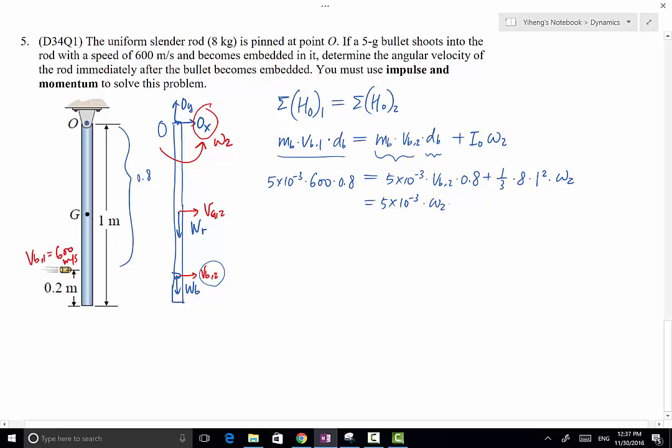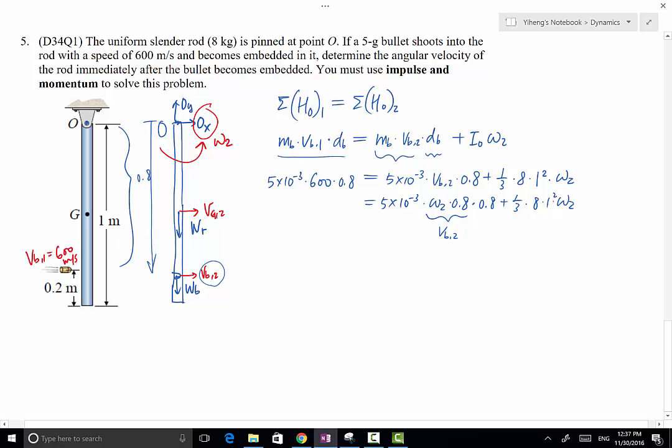Therefore, omega 2 times r. R is from here to here, and that is 0.8 as well. So this together is V_B2, multiplied by another 0.8, which is the moment arm. Even though they are the same distance, they have different physical meanings. Plus 1/3 times 8 times 1 times omega 2.